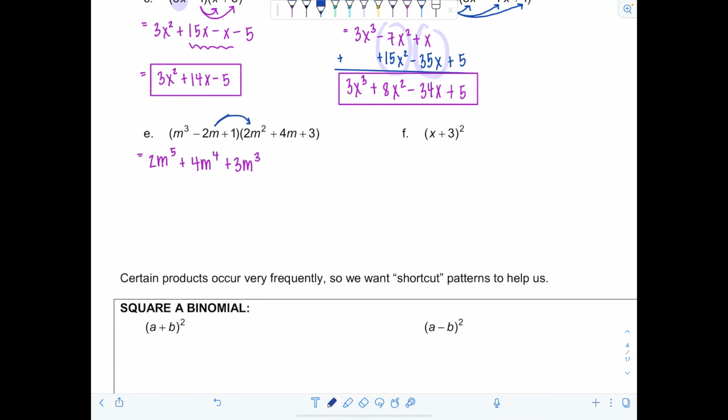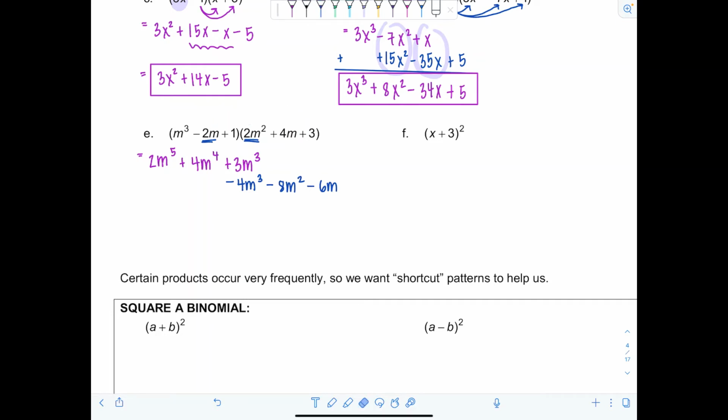I erased the arrows, otherwise it just turns into a hot mess, you know? Okay, so negative 2m times 2m squared, that's going to give me a negative 4m cubed. So let me put that underneath my other m cubed, so I'm lining up my like terms. Then I have negative 8m squared minus 6m.